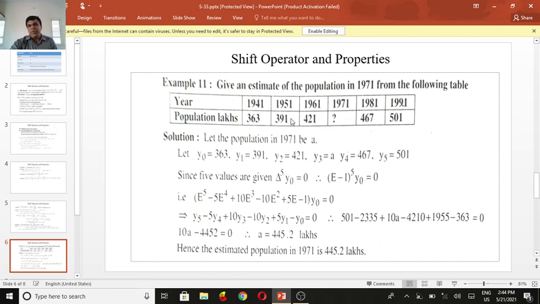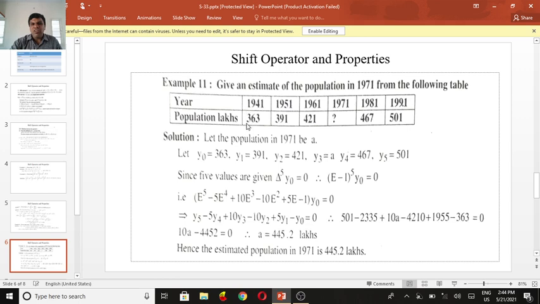You will observe each 10 years the population is increasing. So let the population in 1971 be called a.